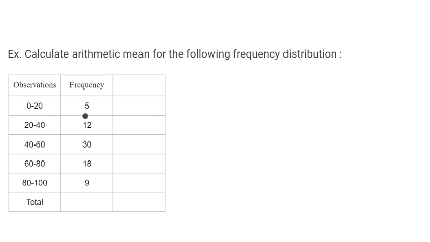There are 5 students, 5 observations, lying in the range 0 to 20. There are 12 observations lying in the range 20 to 40. There are 30 observations lying in the range 40 to 60, and so on.